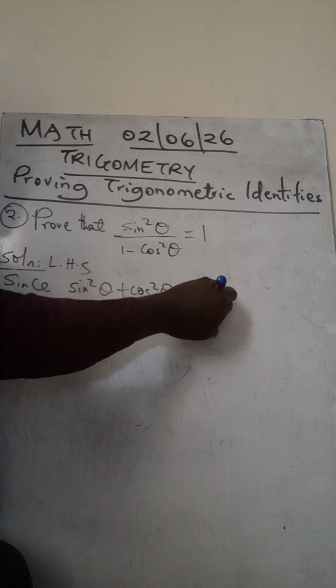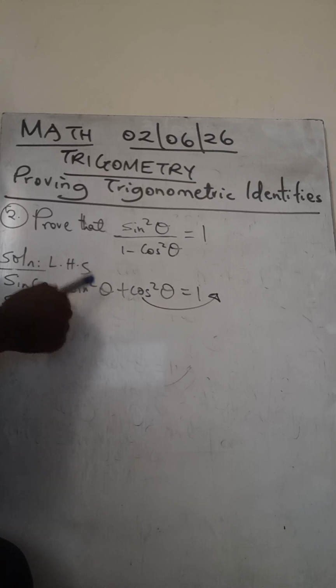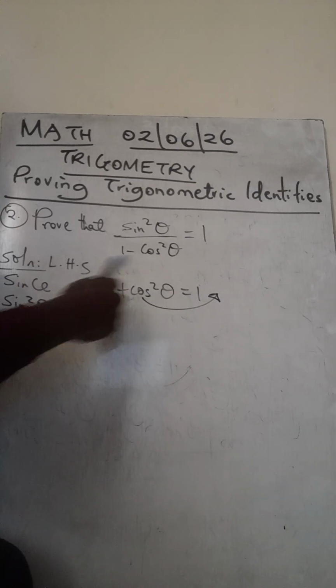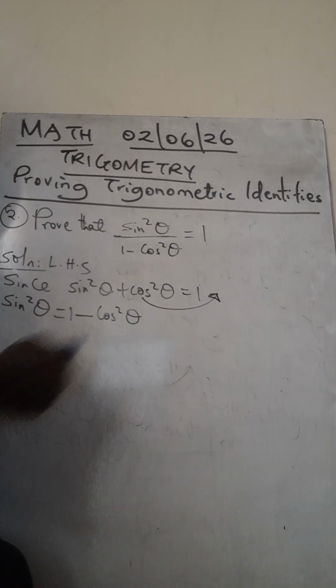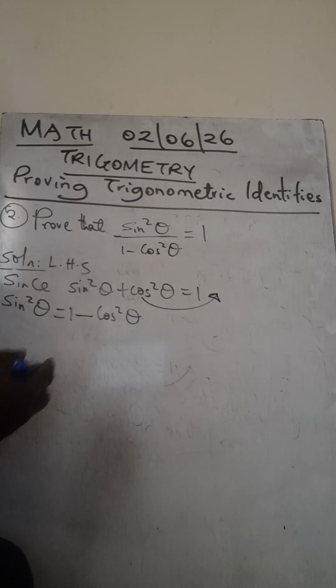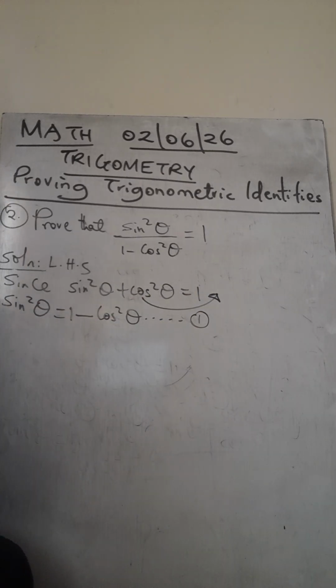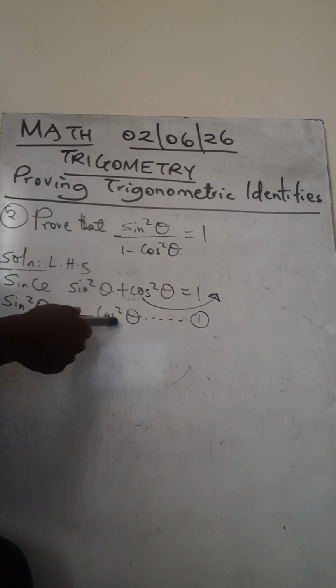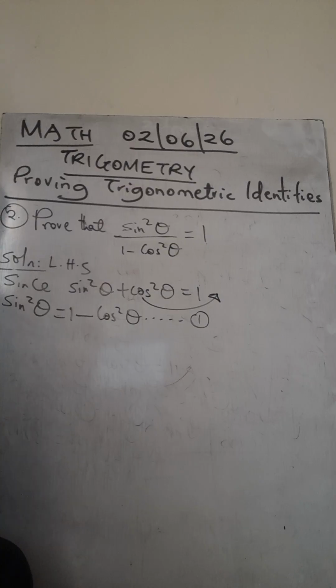So bring this one to the right hand side, so that sine squared of theta equals 1 minus cosine squared of theta. So that we call this one equation 1. Substitute equation 1 into the original equation.